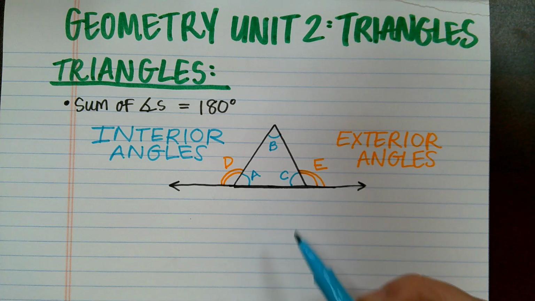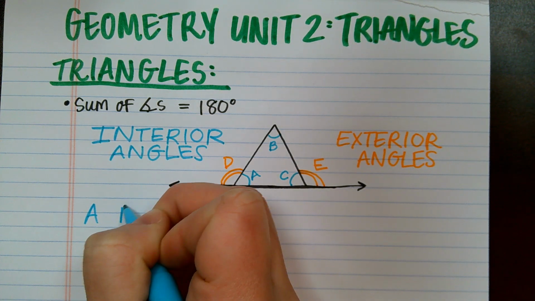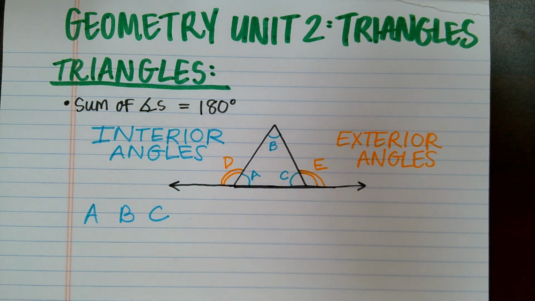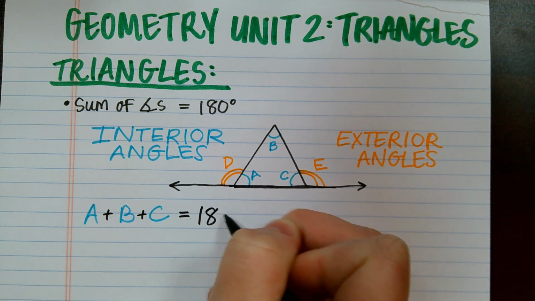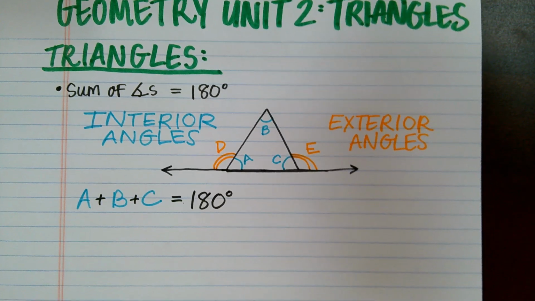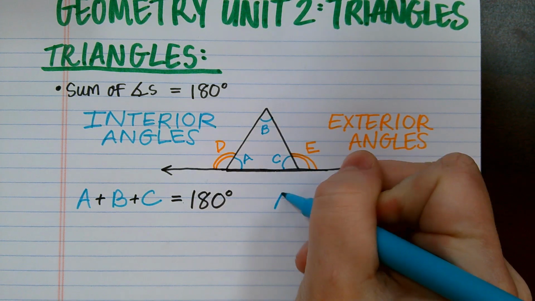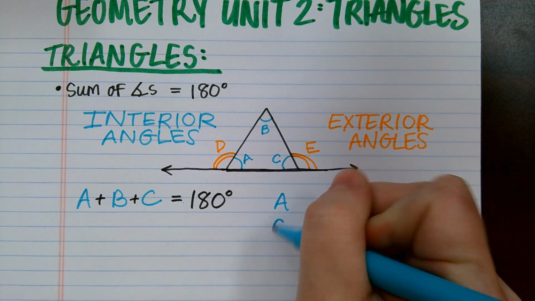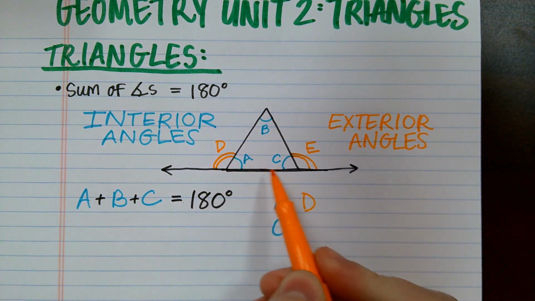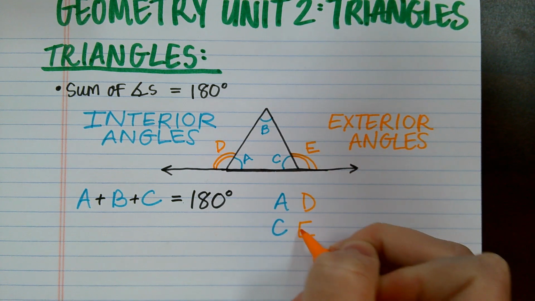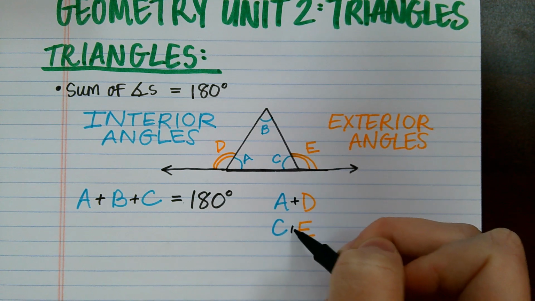I know A plus B plus C equals 180. And if I pair A plus D or C plus E, that'll also give us 180 degrees.